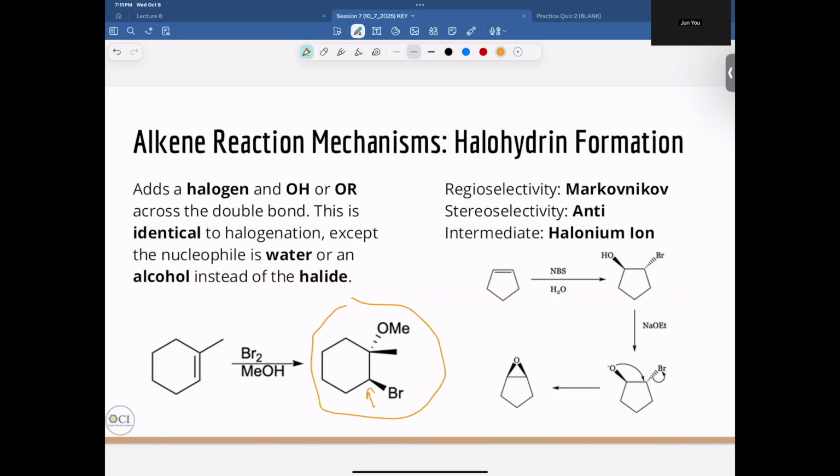Bromine on that less substituted carbon, and the OH on that more substituted carbon, or it's OMe in this case. And again, the intermediate of this is the bromonium ion. So for this case, it would look like that. That is the intermediate.